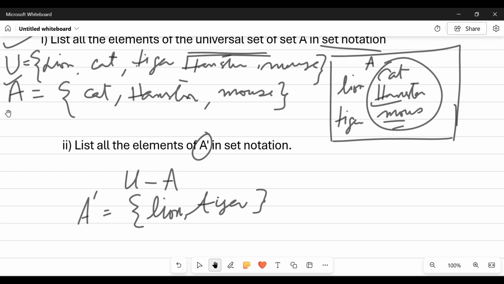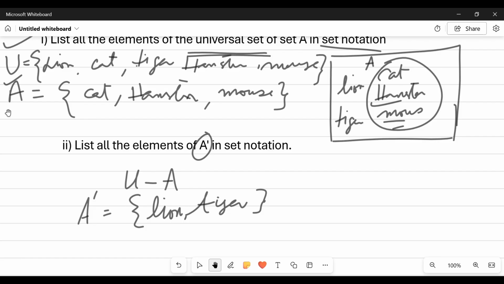And set B is x such that x is an even number. So inside the circle for set B you write the even numbers, and the numbers which are not even, the odd numbers, you write outside the circle but in the rectangle box. The first part says to list all the elements of the universal set and of set B in set notation.